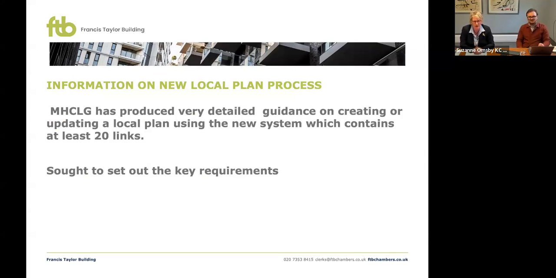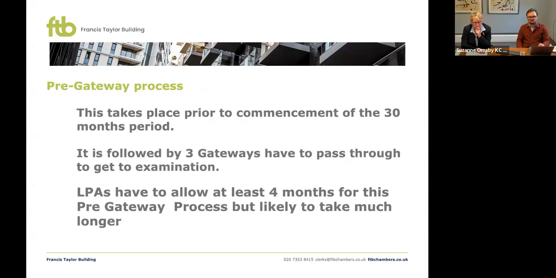So what we thought would be helpful was to set out the key requirements that give a broad overview as to how this new process is intended to work. And this, I think, is a little bit naughty, because there is a pre-gateway process. This takes place prior to the commencement of the 30-month period.